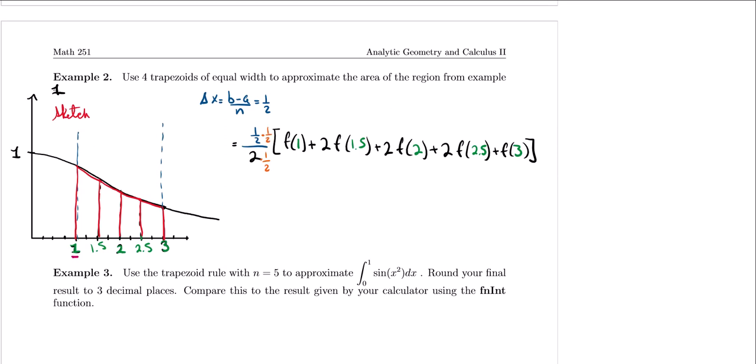So really, we should be multiplying then by 1/2 times 1/2. Now, this one was our width, and this one was coming from the formula.